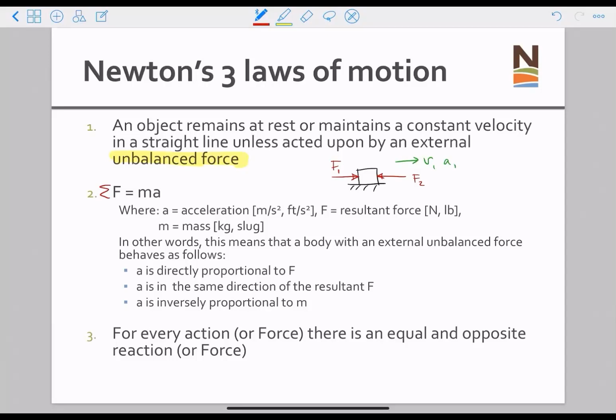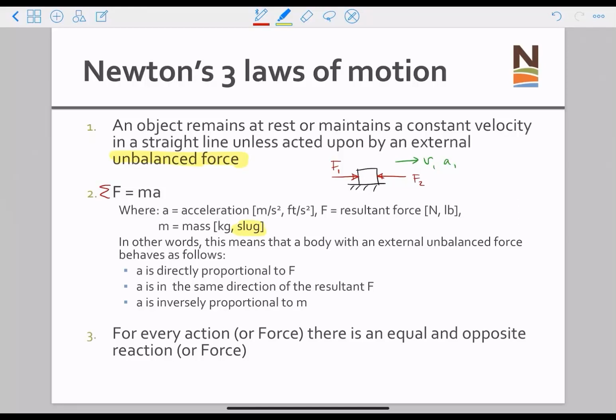You would have likely seen this before, where a is the acceleration in meters per second squared and feet per second squared. Force is in newtons and pounds, and m for mass is in kilograms and slugs. And don't forget that the unit for mass in US standard units is slugs.